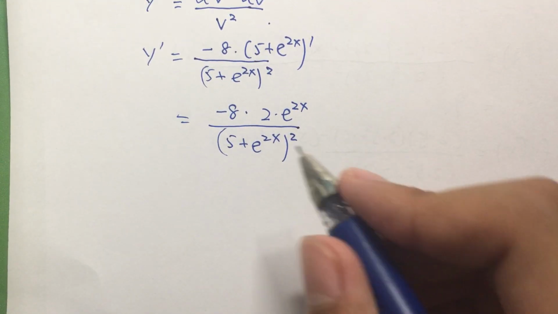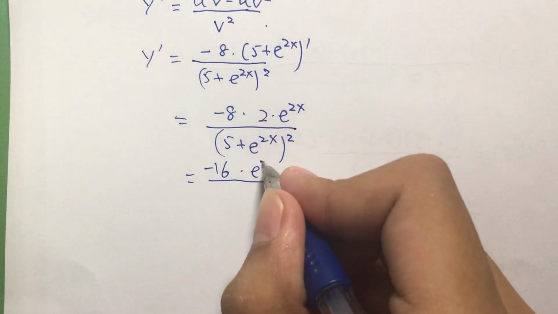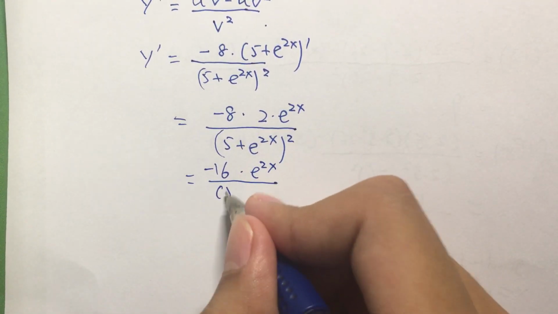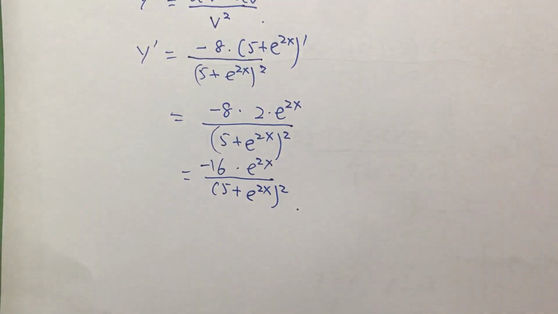Now we have negative 16 times e to the power of 2x over (5 plus e to the power of 2x) bracket squared, and that is our y dash.